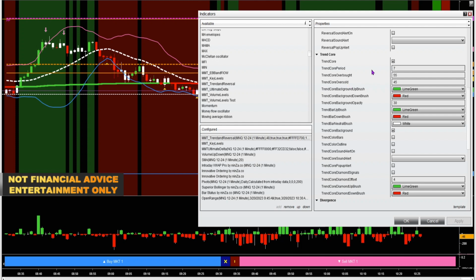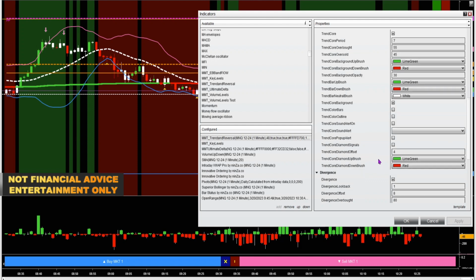Two of my favorite trend core periods are 7 and 14. A lower number will be a shorter time frame. A higher number will be a longer term time frame. I've got the background activated. However, you can deactivate that and have it print the candle colors instead, or alerts, or a marker.